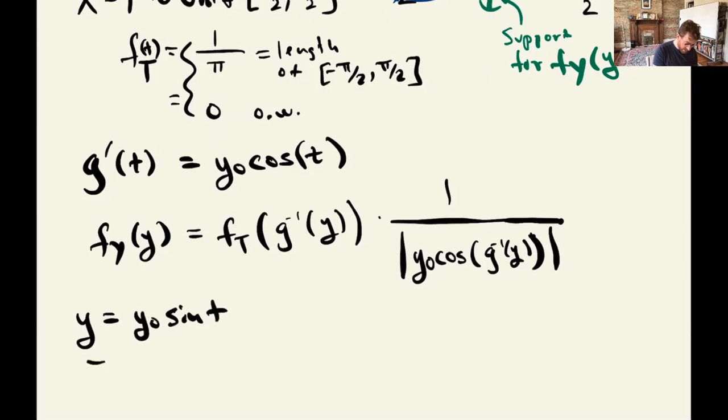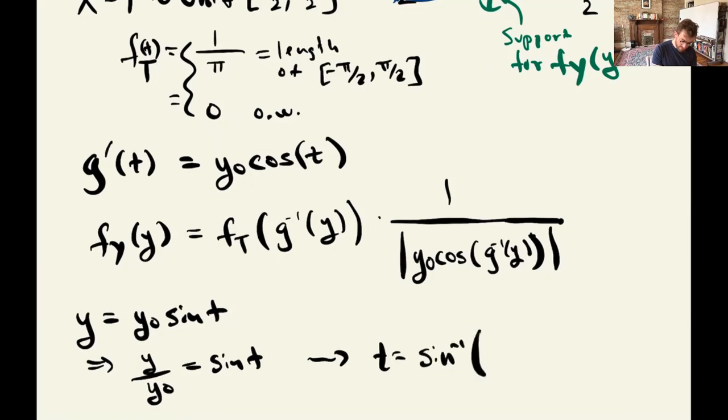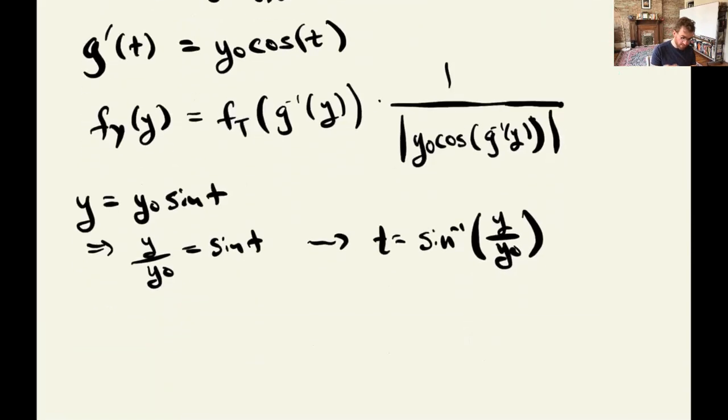So this implies that y over y0 equals sine of t, which tells you that t is equal to the inverse sine of y over y0. So we can just effectively think of this as t. And so we now have figured out what this looks like.